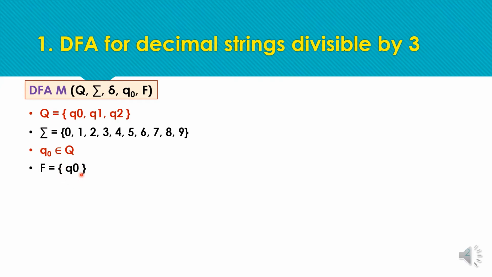All strings having remainder 0 on division by 3 should be accepted by the DFA, and the dedicated state for remainder 0 is Q0.